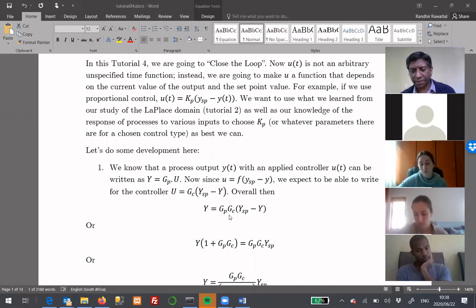So here we are writing this a little more generally. We are saying we will have some transfer function for the controller, and then we'll be multiplying by Y_SP minus Y. And so the controller itself will have its own transfer function. We've shown up to now that the process has a transfer function.